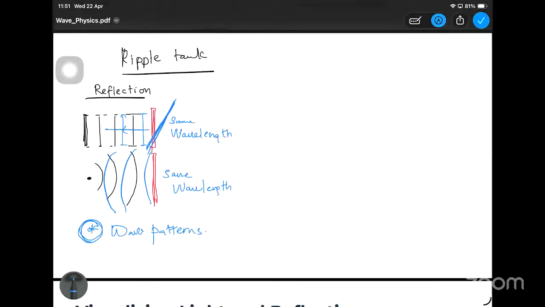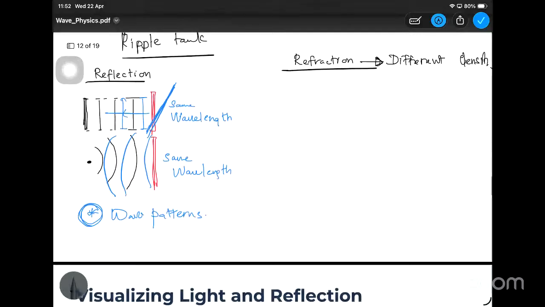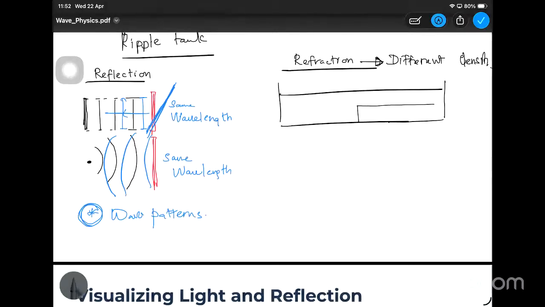The next one is the refraction thing. In order to get refraction, the main concept is you need to have different densities. To make a different density region, just imagine this is the ripple tank, the cross section. Here I'm going to place a wooden block or any sort of dense material at a certain place like this.